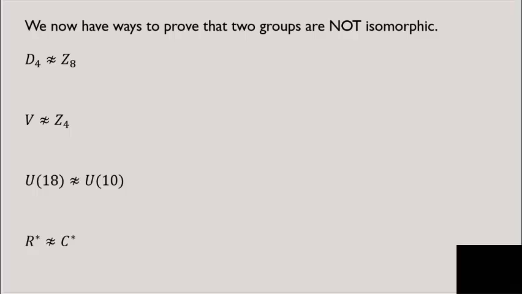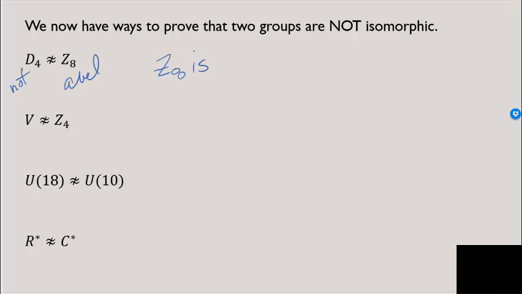We now have ways to prove that two groups are not isomorphic. D4 is not isomorphic to Z8, and we know that because D4 is not abelian and Z8 is. So that would be one reason.